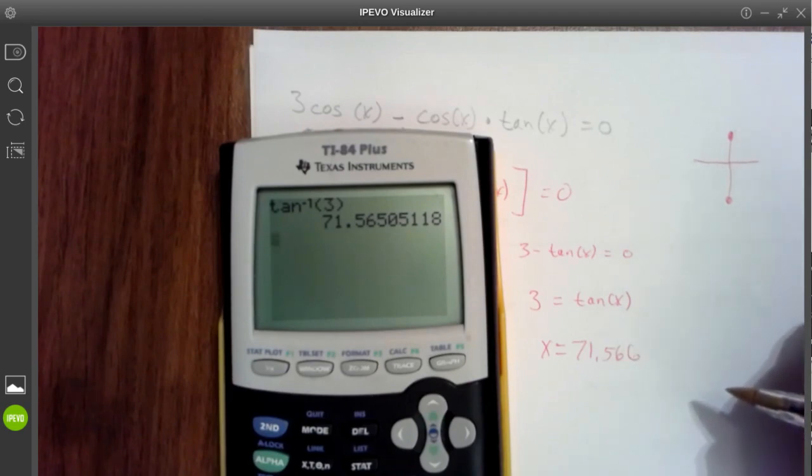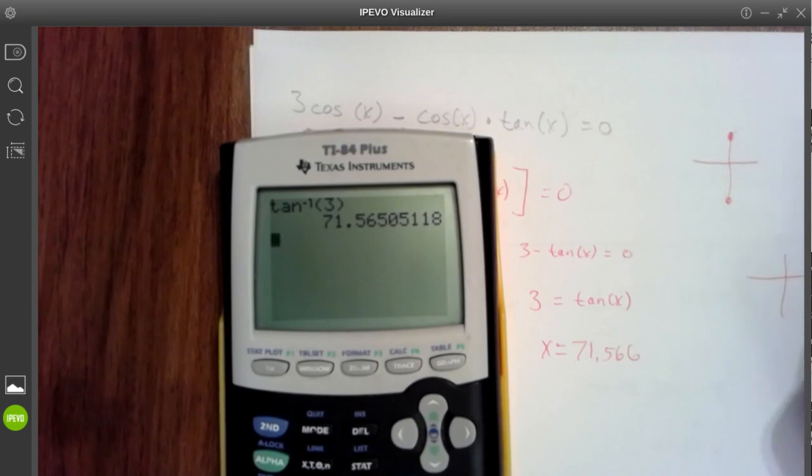Yeah, so tangent's equal to positive 3 in two spots. It happens in the first quadrant right here at 71 degrees, and it's also positive in the third quadrant. So the angle that's like 71.566, but in the third quadrant, is just 180 plus 71.566.